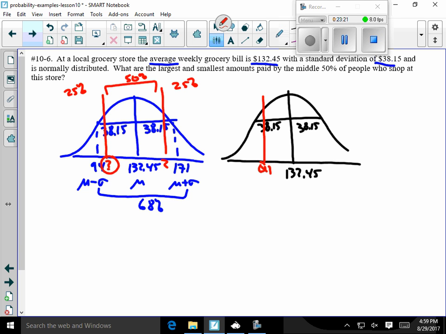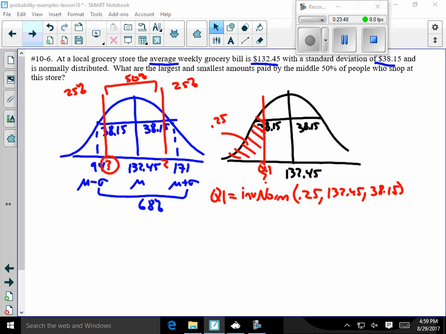And it means that the area below that is 25% of the data. And the calculator function that tells me the boundary if I have an area is inverse norm. So Q1 here, the first quartile, is going to be inverse norm, some boundary where 25% is to the left if the mean is 132.45 and the standard deviation is 38.15.